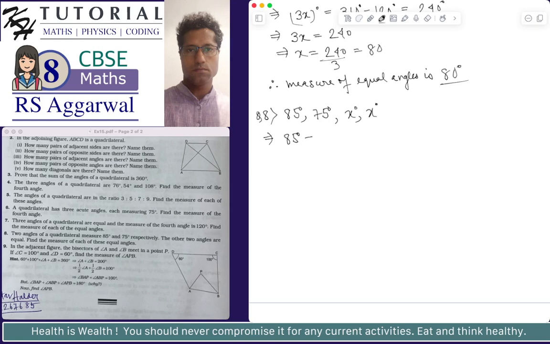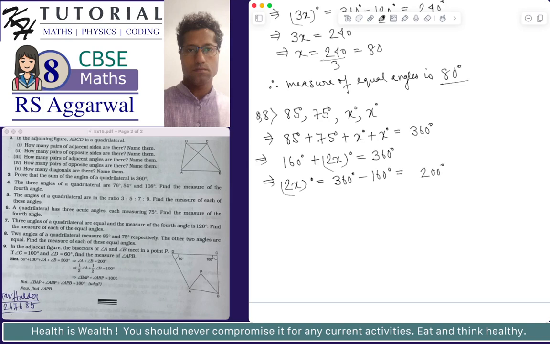So we must have 85 degrees plus 75 degrees plus x degrees plus x degrees is equal to 360 degrees. 85 degrees plus 75 degrees is 160 degrees, and we have 2x degrees plus 160 degrees is equal to 360 degrees. This implies 2x degrees is equal to 360 degrees minus 160 degrees, which is equal to 200 degrees.